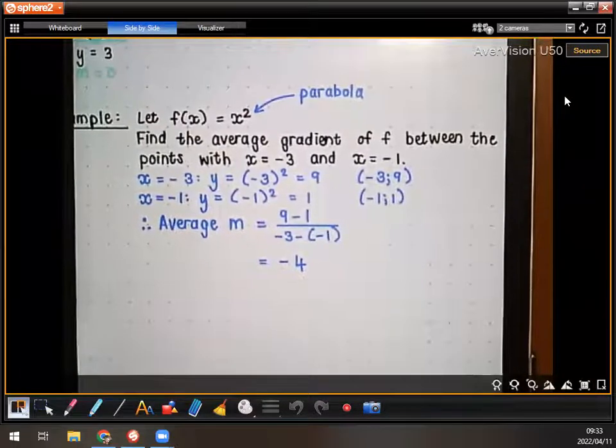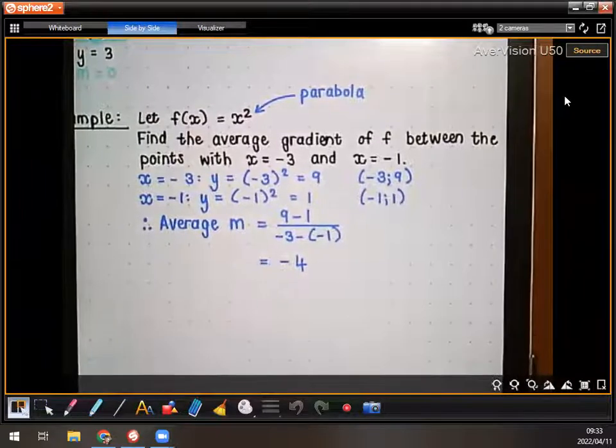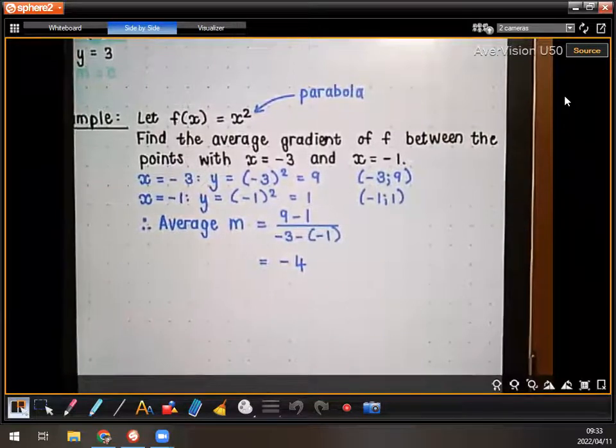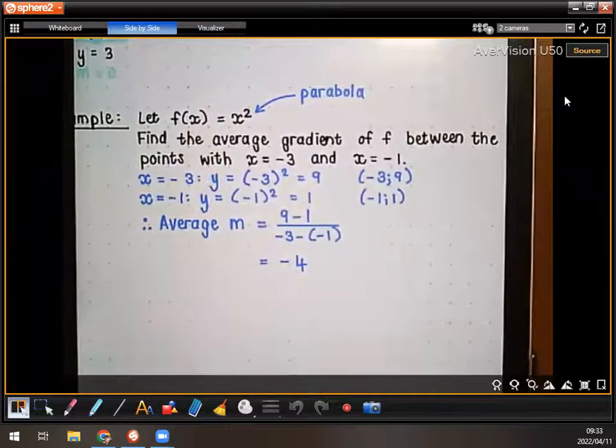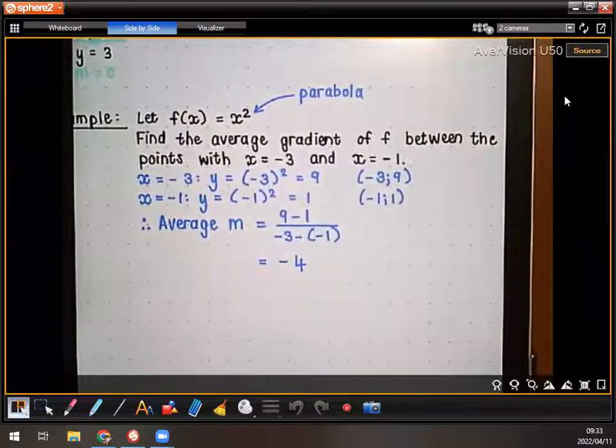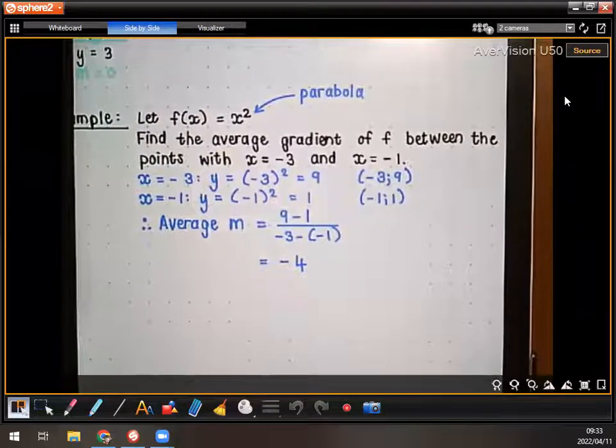Yeah, it's actually calculating the gradient of the line between those 2 points on the curve. Yes, so we are going to talk much more about that whole concept. Okay, guys, any other questions up until this point?